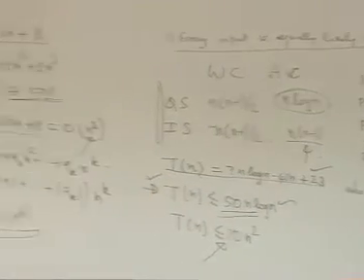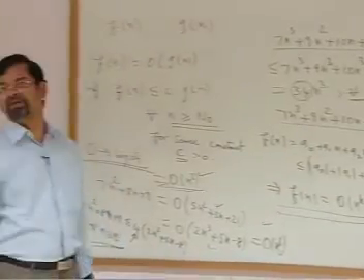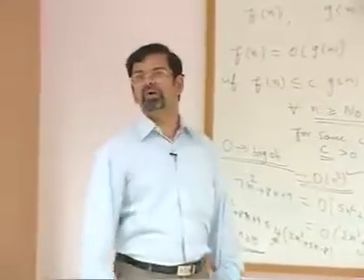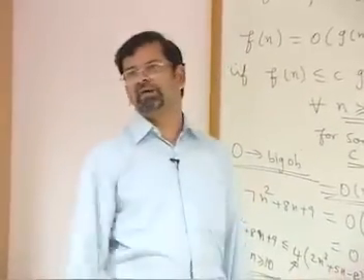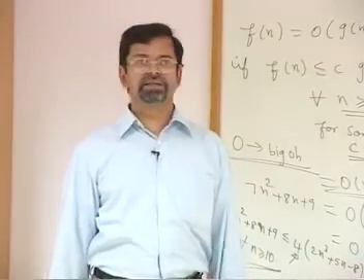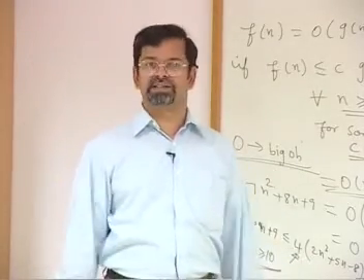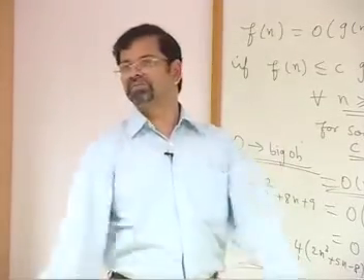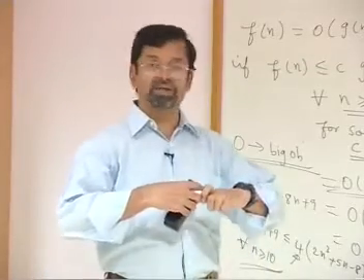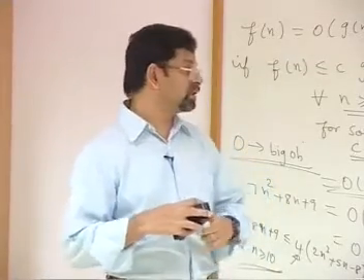Big O is an upper bound. It could be a weak upper bound, it could be a tight upper bound, right? All big O says is it is an upper bound. It doesn't tell you whether it is a weak upper bound or a tight upper bound.